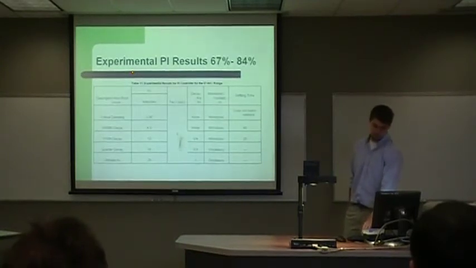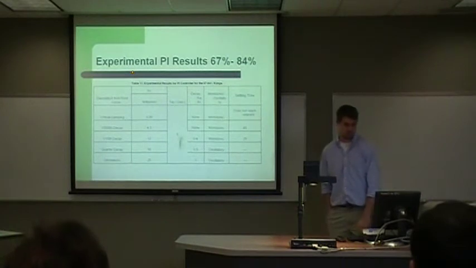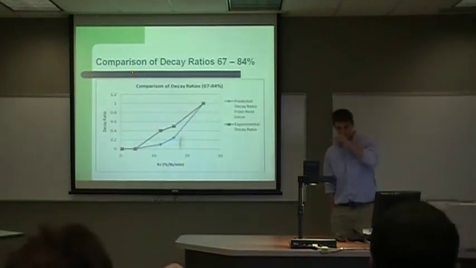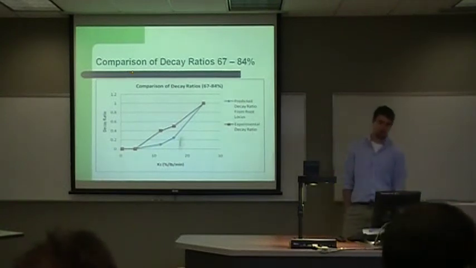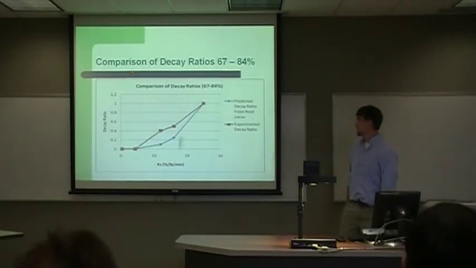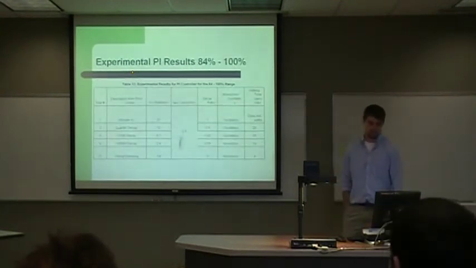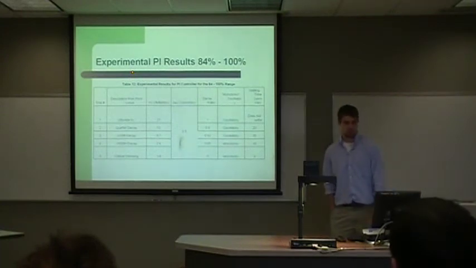For 67 to 84, KC ranges from 0.36 to 25. Again, we have the same type of chart where the experimental decay ratio is higher than predicted from root locus. So it's consistently inaccurate. 84 to 100%, same thing. Critical damp is 1.4. Ultimate KC is 0.1.